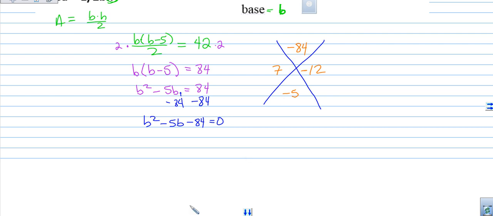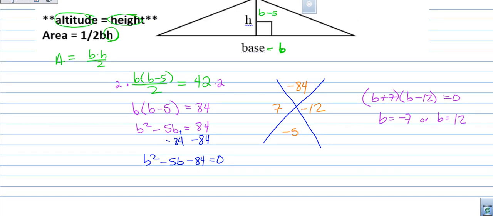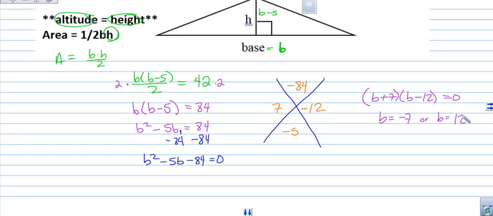Okay, so then I write b plus 7 and b minus 12 equals 0, so b equals negative 7 or b equals 12. And since I can't have my base being a negative 7, it can only be 12.